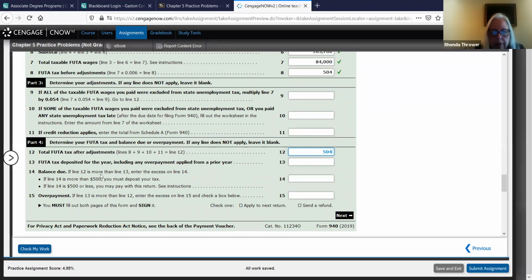The FUTA tax deposited for the year, including any overpayment applied from a prior year. And the amount that should have been deposited was on our spreadsheet. So I'm going to flip to our spreadsheet. I'm not sure if you can see this, but I will post that spreadsheet to you.